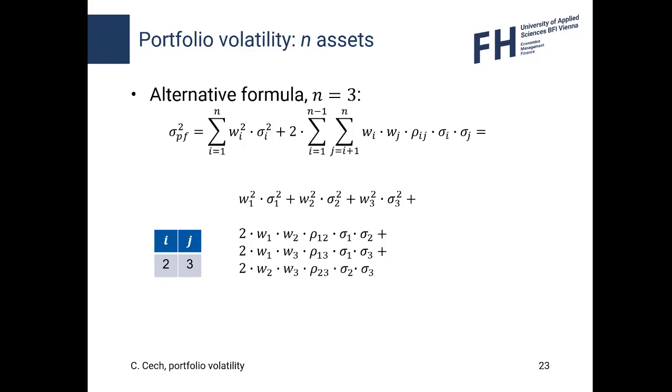We enter the respective values and we are finished, because I has reached the upper limit of n minus 1, which is 2. And you can see the formula is the same like before. This is step 1a and this is step 1b.